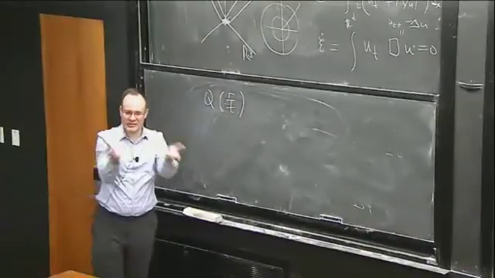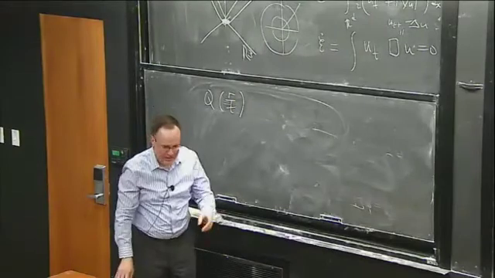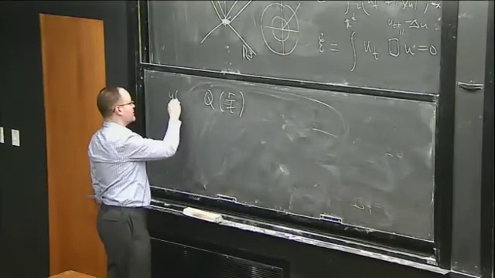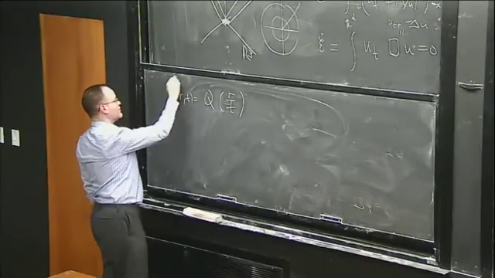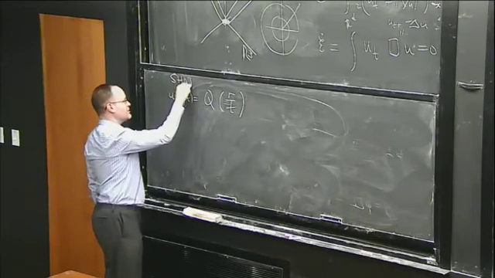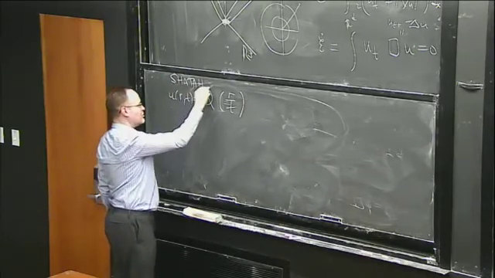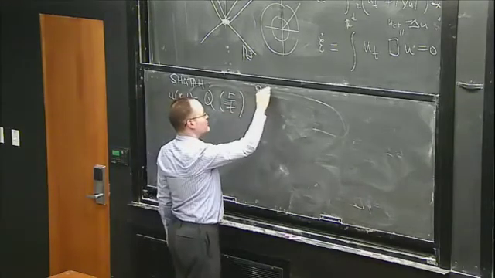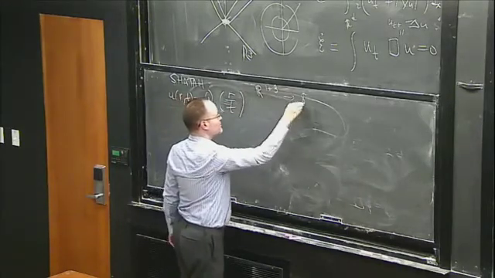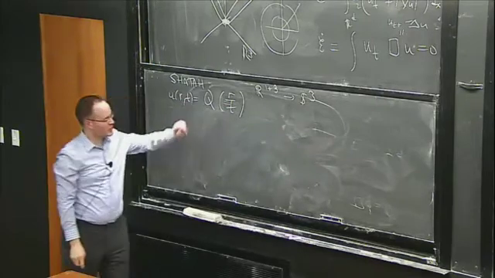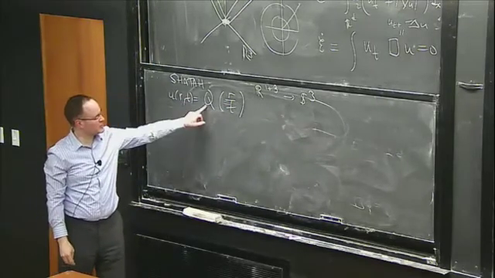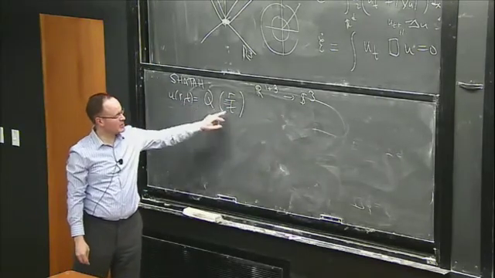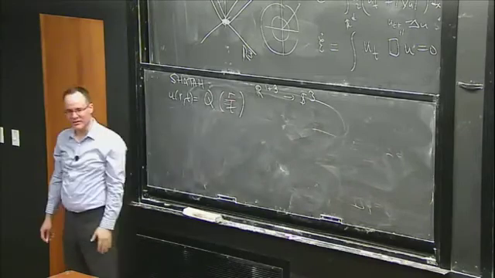Shatah, around 87, observed that you can solve the wave map problem for a very special wave map, for maps that are functions depending on a single scalar, r over t.